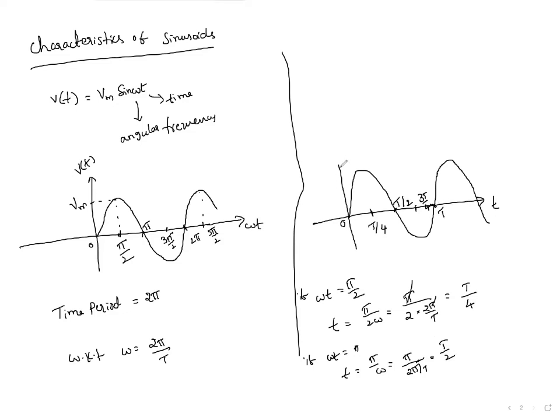It is T. Therefore, from this waveform, the time period is equal to capital T seconds. Okay, this way we can define the time period. Therefore, from these two graphs, what we can say is T is equal to the time period, T is equal to 2 pi radians.